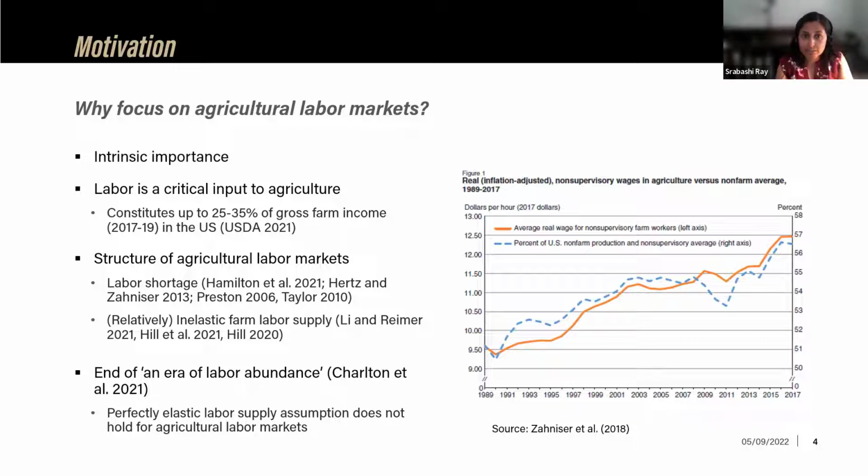We need to better model agricultural labor markets and better understand the interaction between agricultural labor markets and the impact of conservation policies, which directly impact the agricultural sector, because conservation policies, the ones that we will talk about here, are mainly those that target water conservation or land conservation.